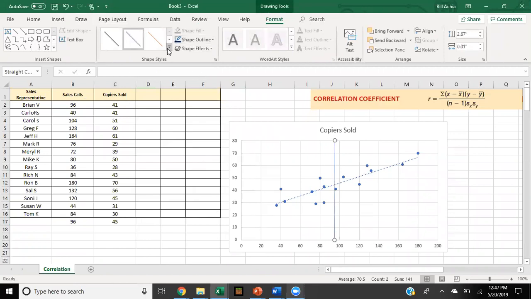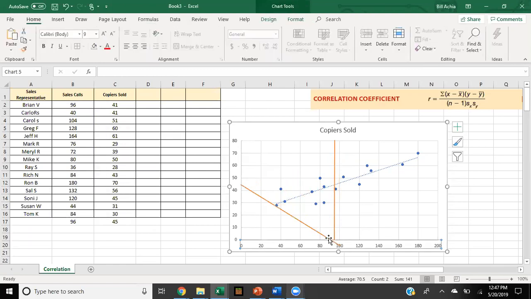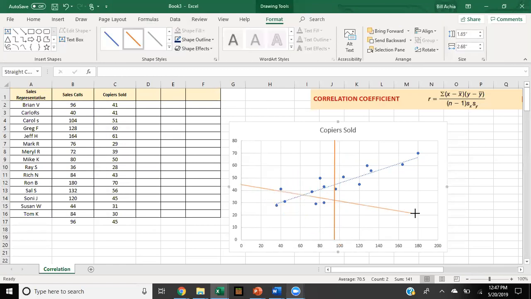I'm going to change that color so it's different. And the second line that I'm going to put in here is the average number of copiers sold, which is 45, somewhere about there.